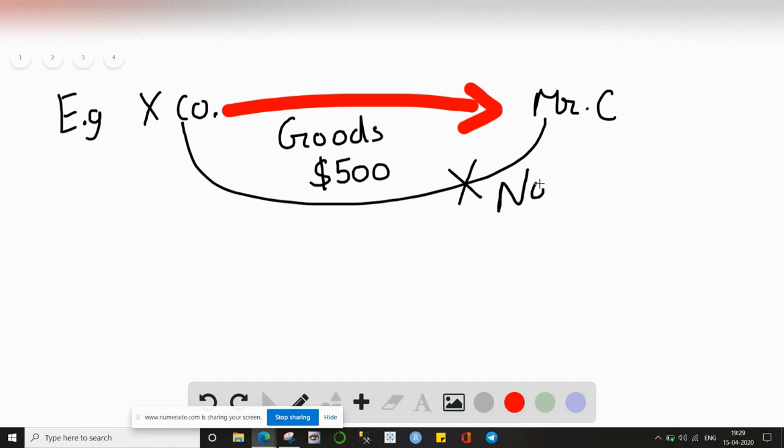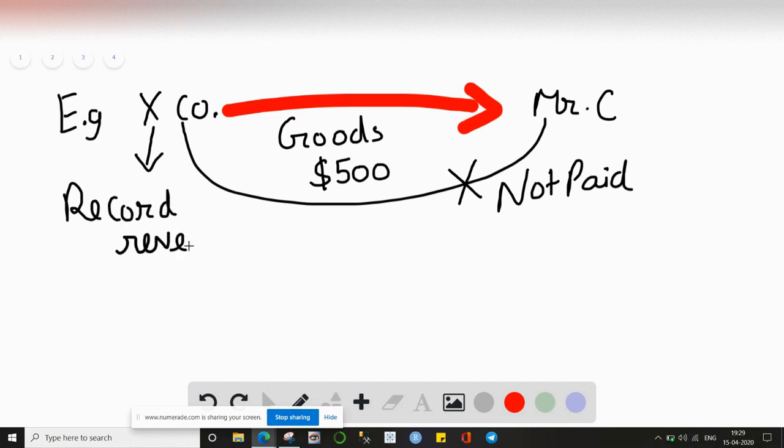Now, the principle of accrual asks X company to record the revenue even if the amount has not been received. That's all the principle of accrual says.